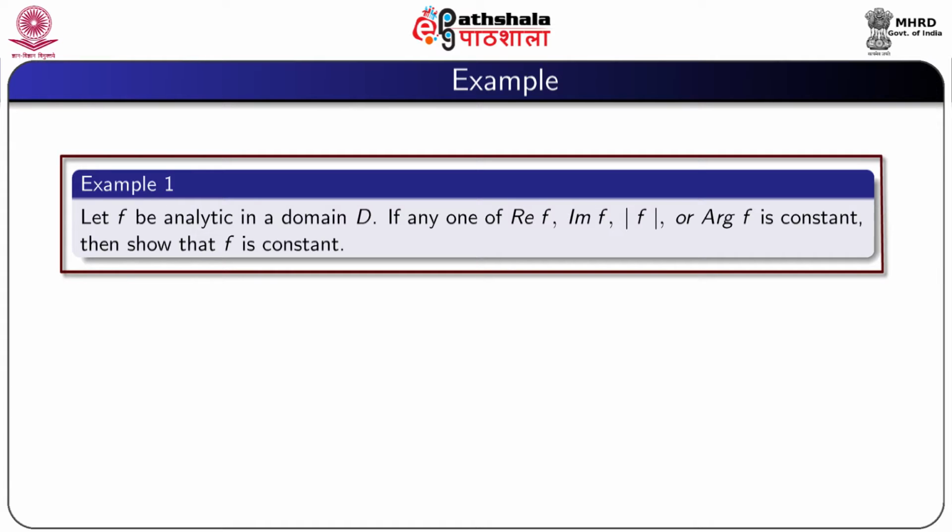Now we consider an example. Let f be analytic in a domain D. If any one of real f or imaginary f or mod f or argument f is constant, then show that f is constant.